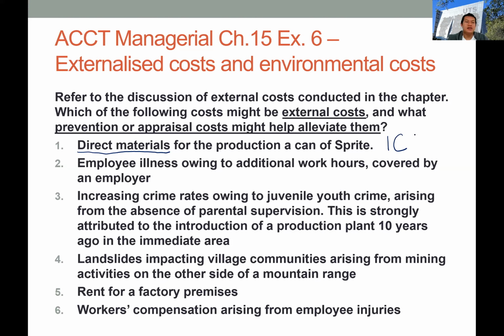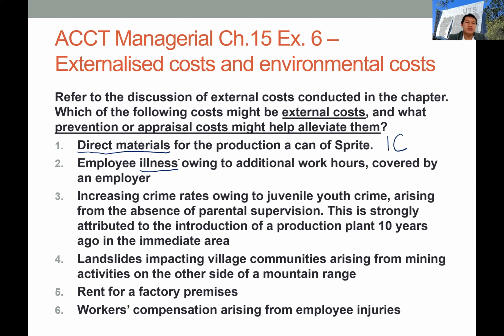Okay, and then employee illness owing to additional work hours covered by the employer. The illness cost is quite broad, so some of it is measurable. For example, the medical treatment cost is obviously measurable by the company because the company should cover it, so that should be an internal cost. But some of the social cost of being ill is not measurable, right?